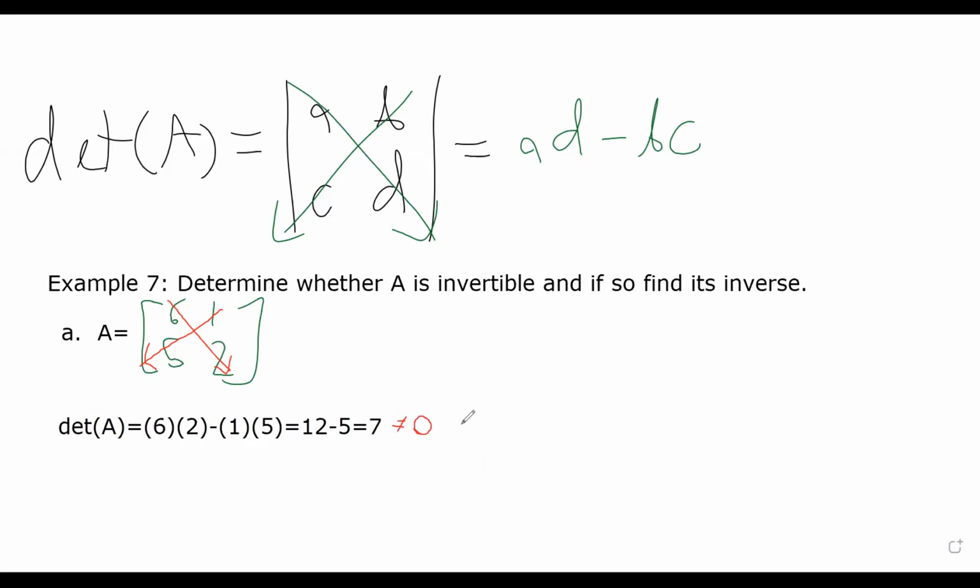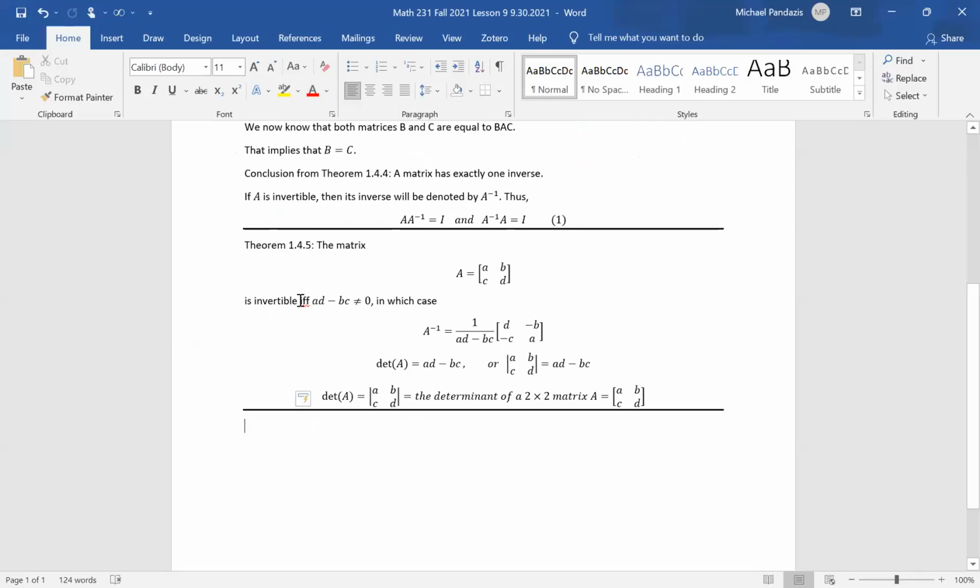Since the determinant does not equal 0, we have our theorem over here that says ad minus bc, which is the determinant, is non-zero if and only if A is invertible. If and only if means the two statements are equivalent, or they have the same truth value. So since it's true that ad minus bc does not equal 0, it's true that A is invertible.